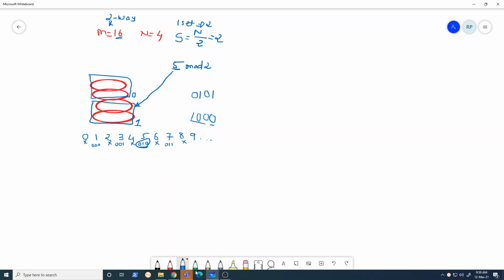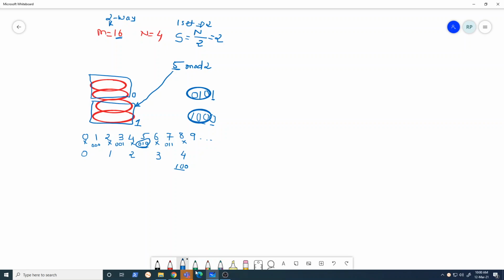This will be 0, this will be 1, this will be 2, this will be 3, and this will be 4. So 4, if you represent it, is 1, 0, 0. Same way, in our case 5, 3 bits. So this way you can easily find out.